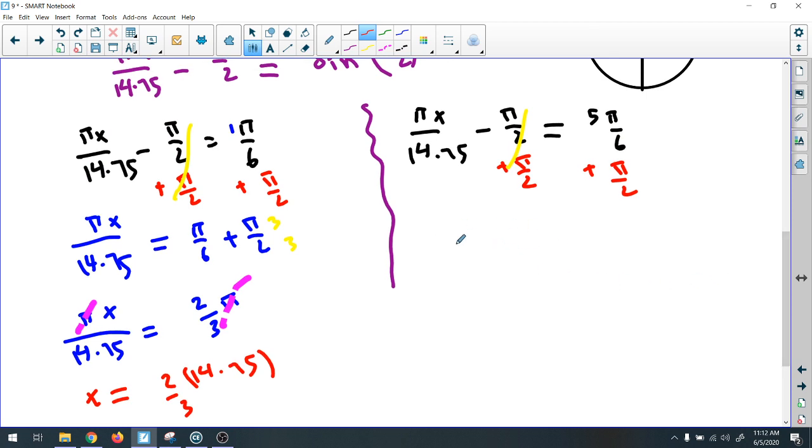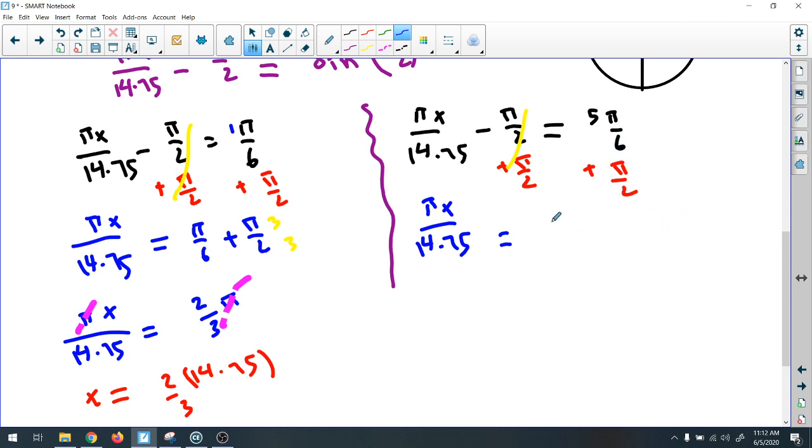Let's follow here. So pi x over 14.75 equals 5 pi over 6 plus pi over 2.